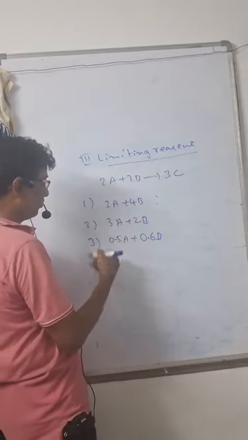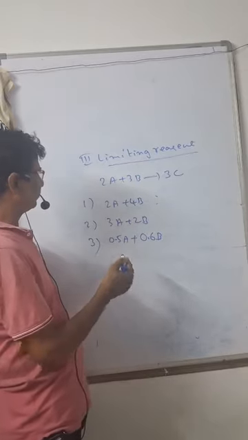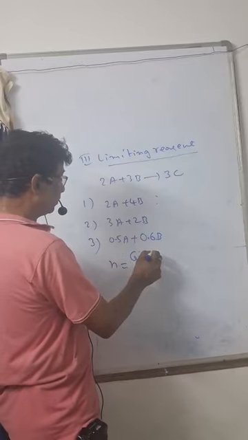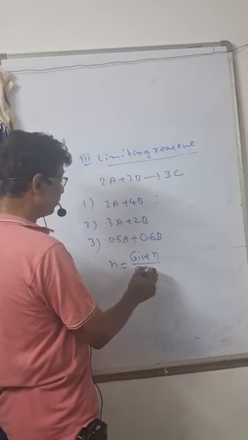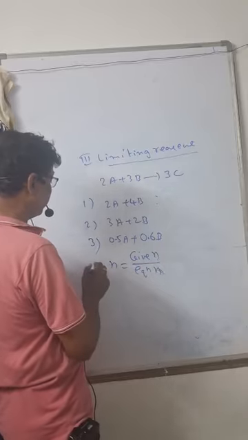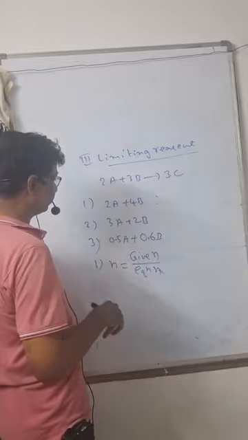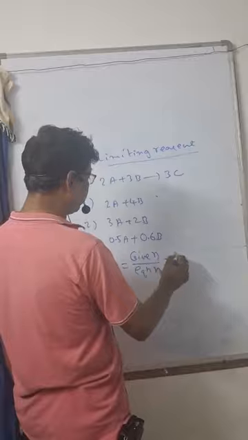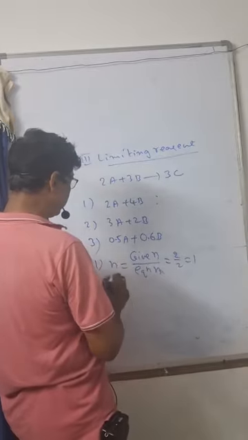So how to find the limiting reagent? Given moles by equation moles, that is, stoichiometric moles. I am taking the first case. Given moles 2 moles, equation moles 2 moles.